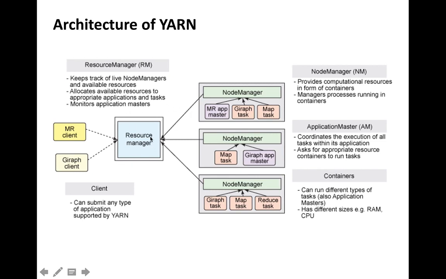The resource manager keeps track of live node managers. They manage this bunch of node managers. They will know whether a node manager is working or not, started or not.